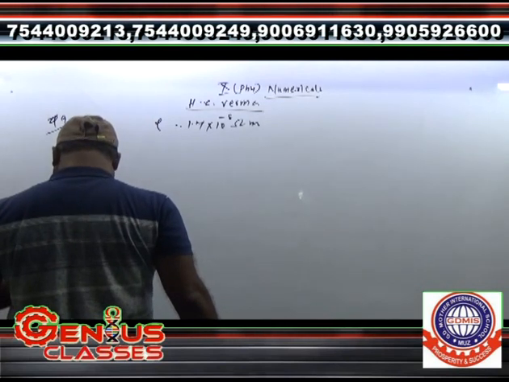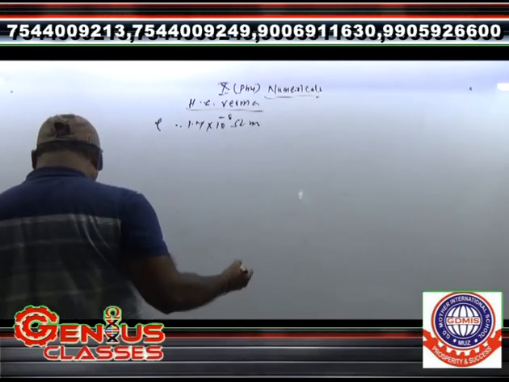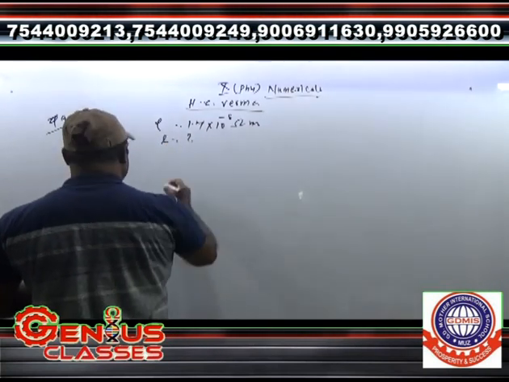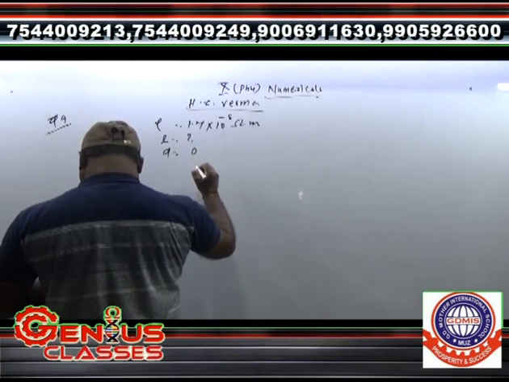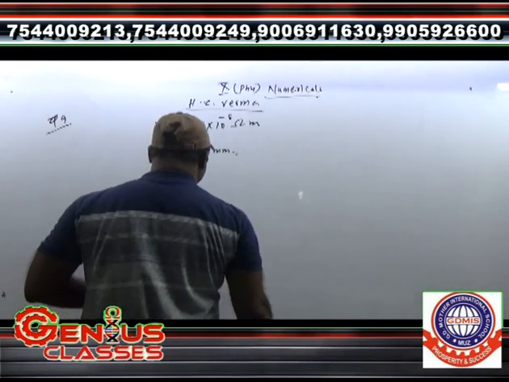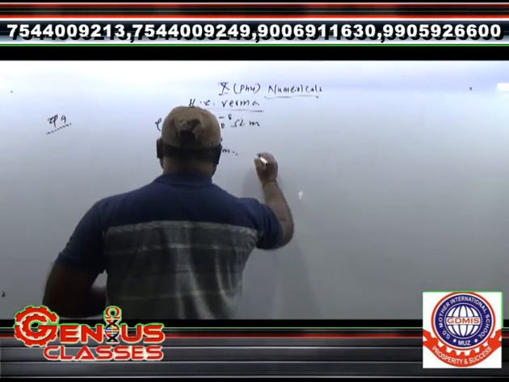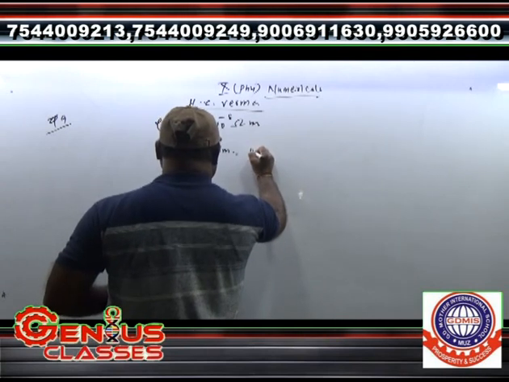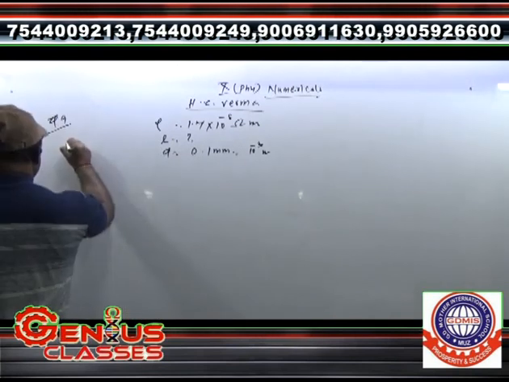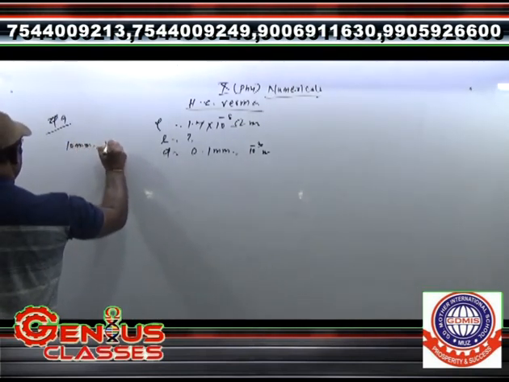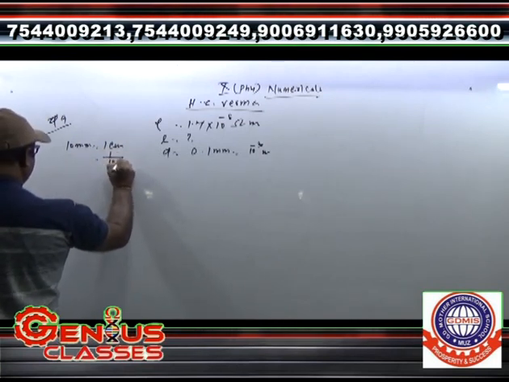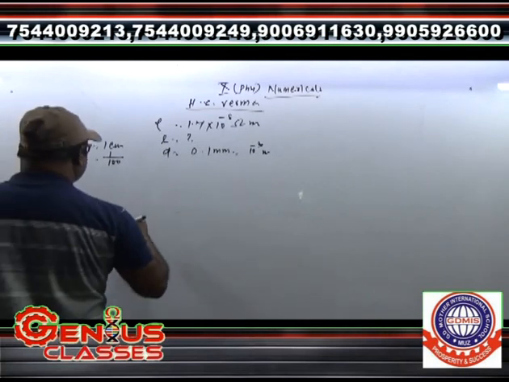Alright. What is the length of the copper of diameter? We have to find length. Diameter is equal to 0.1 millimeter. We can convert into meters. It's very simple. 10 millimeter is equal to 1 centimeter, or 1 centimeter is equal to 1 by 100 meter.